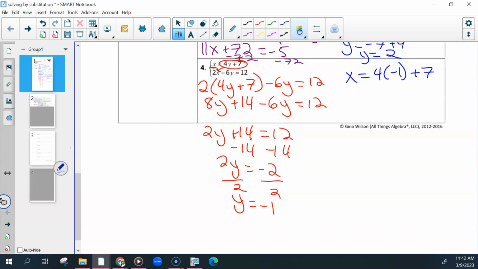What would your x value be? So then our ordered pair would be what? So even though we found x second, we would still put that first.